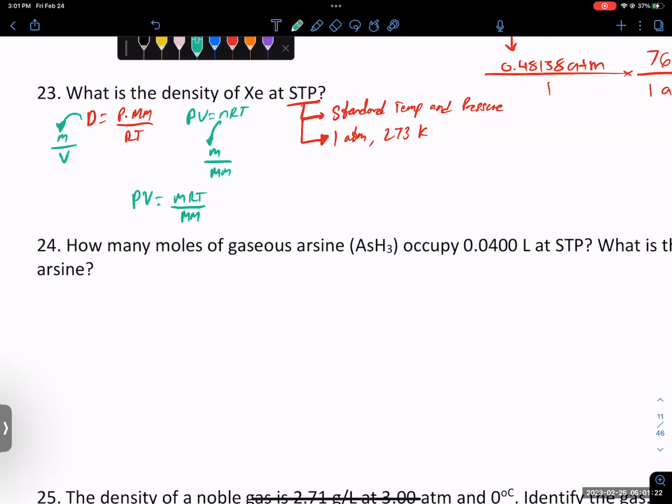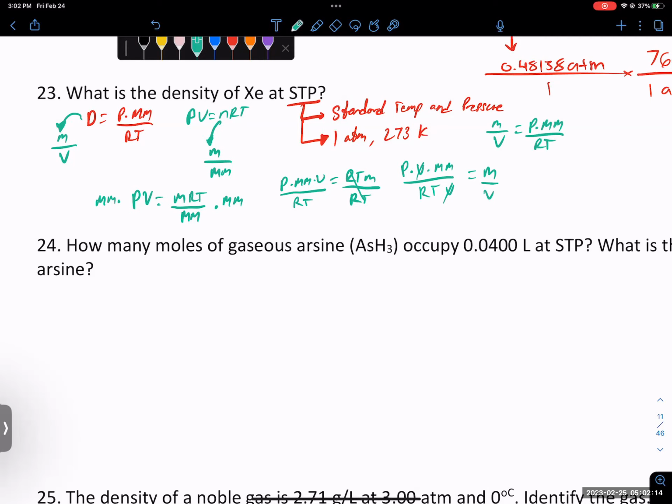We multiply both sides by the molar mass, then divide both sides by RT, so we get pressure times volume times molar mass over RT equals mass. Finally, we divide both sides by volume, and this cancels, giving mass over volume equals pressure times molar mass over RT.